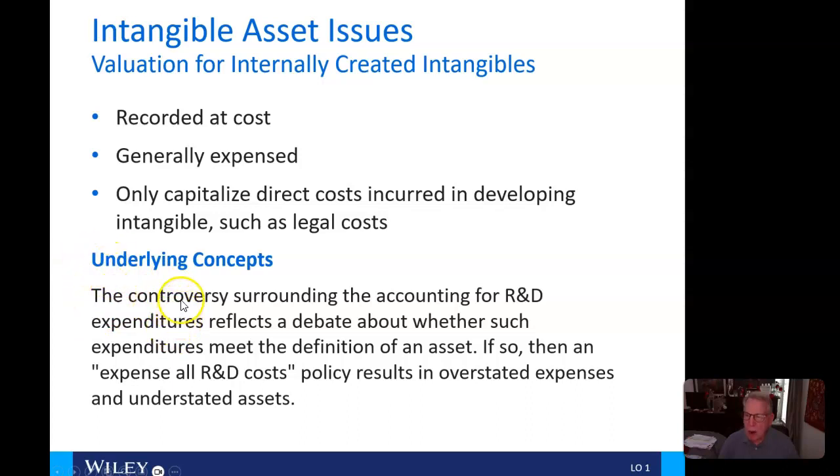Our underlying concepts: the controversy surrounding the accounting for R&D expenditures reflects a debate about whether such expenditures meet the definition of an asset. If so, then an expense all R&D costs policy results in overstated expenses and understated assets.